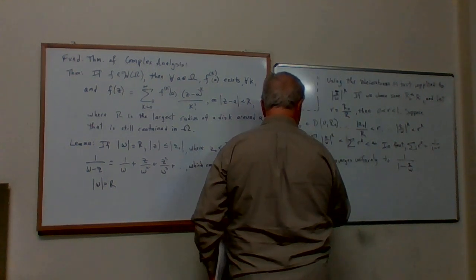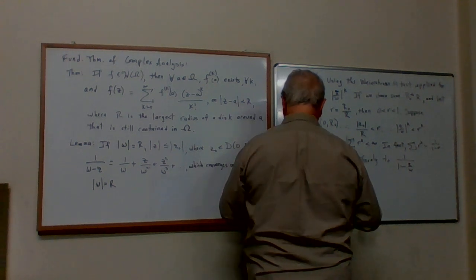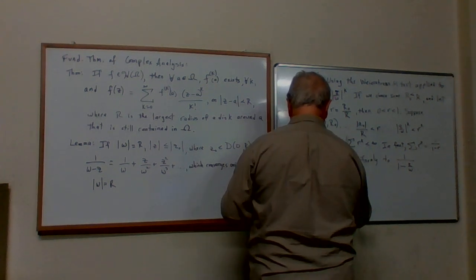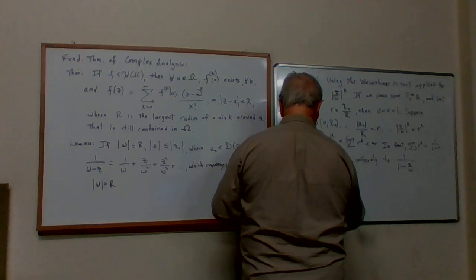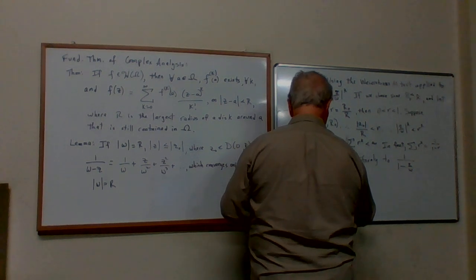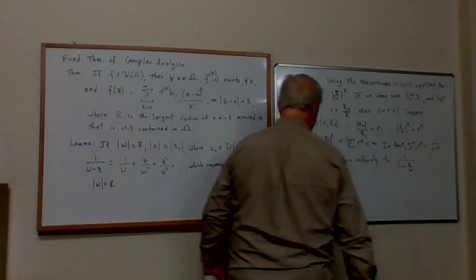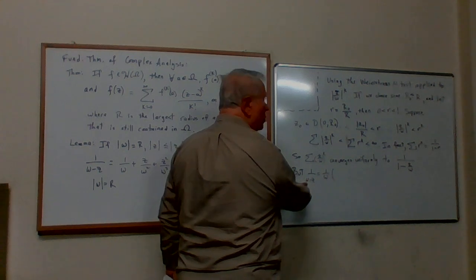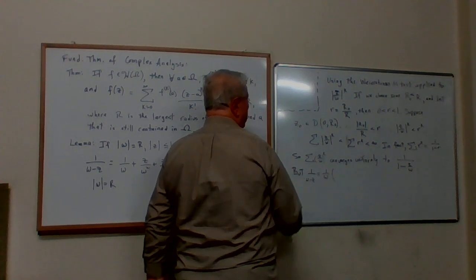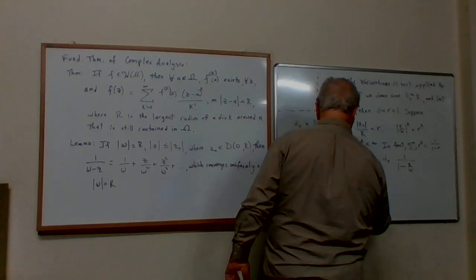But one last line here, might be 2 lines. I'll try to do it in 1 line. 1 over w minus z is equal to 1 over w, factoring out a w even though you can't. Pull out a 1 over w, and what am I left with? 1 over 1 minus z over w.